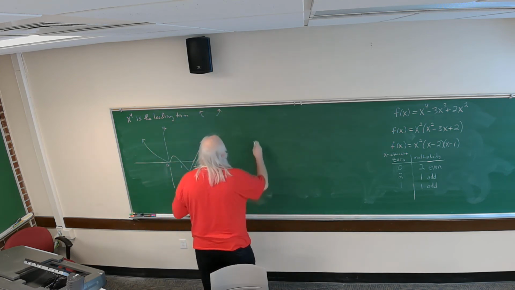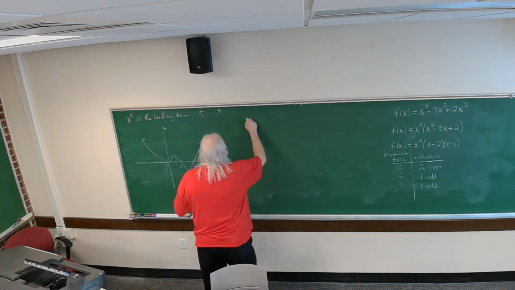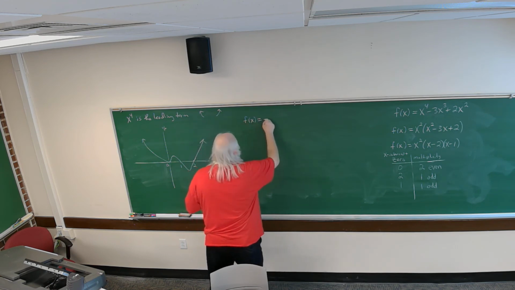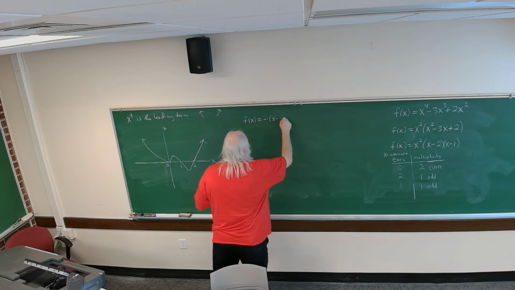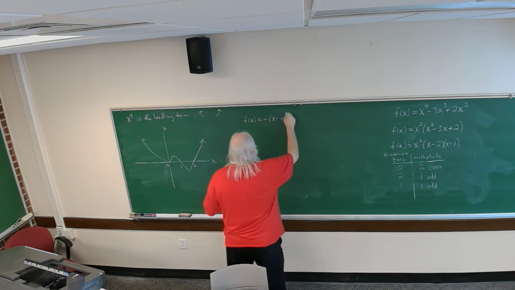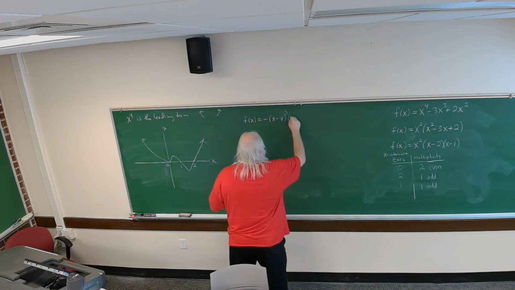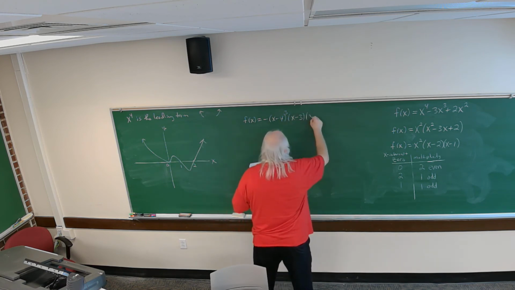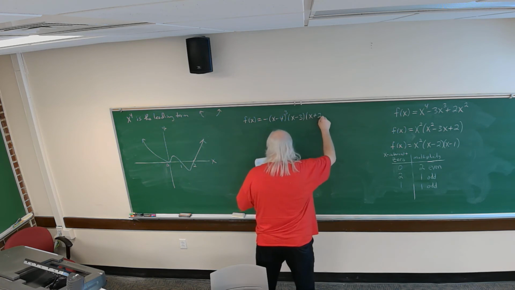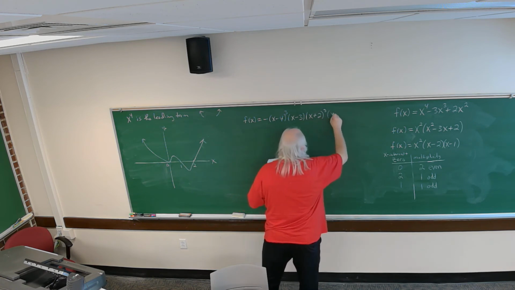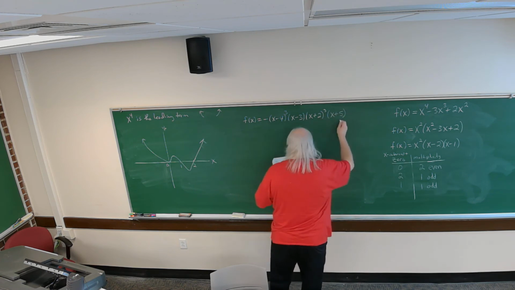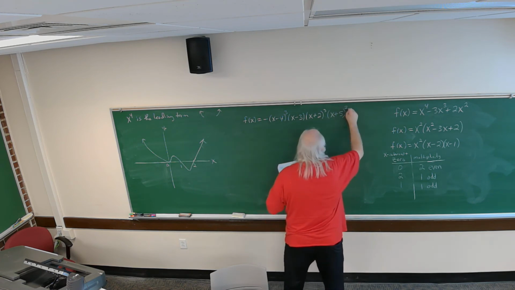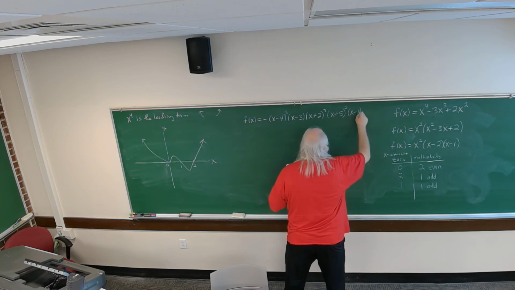All right. In B, the polynomial has been factored for us. We have f of x is equal to negative of x minus 4 cubed times x minus 3 times x plus 2 cubed times x plus 5 squared times x minus 1 squared.